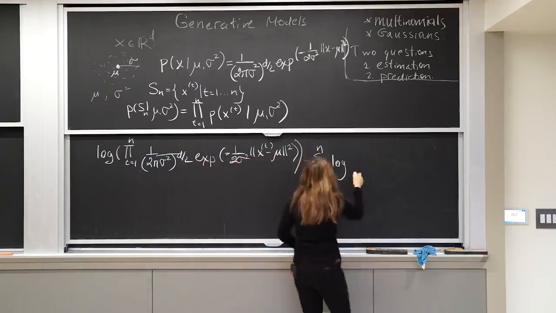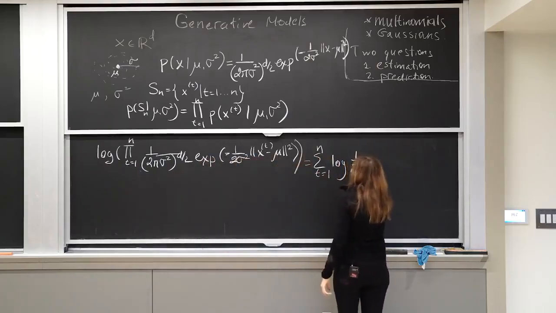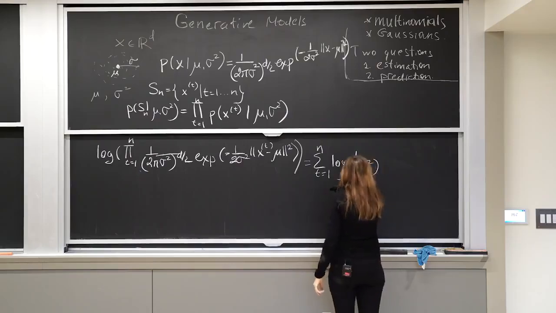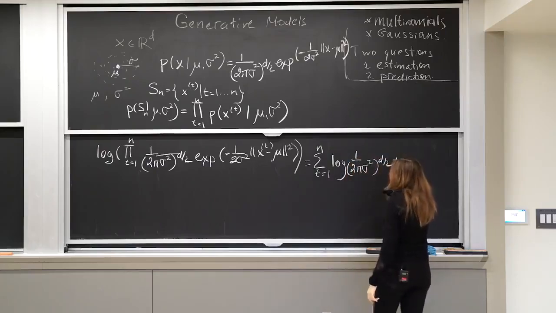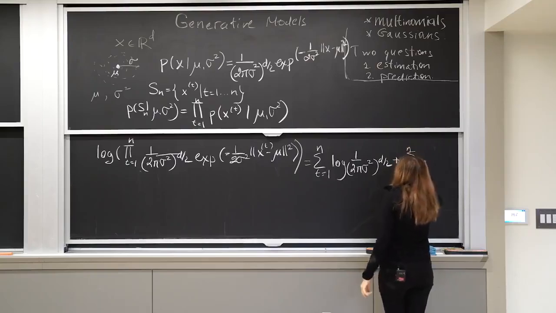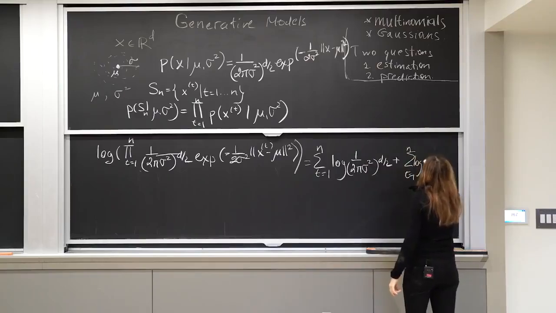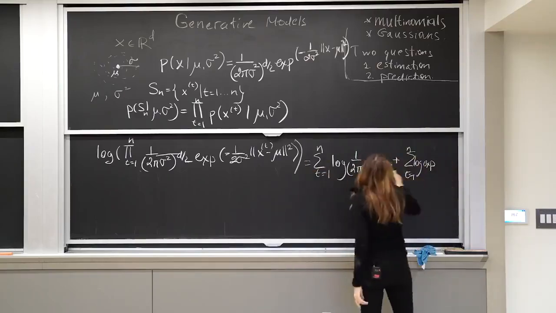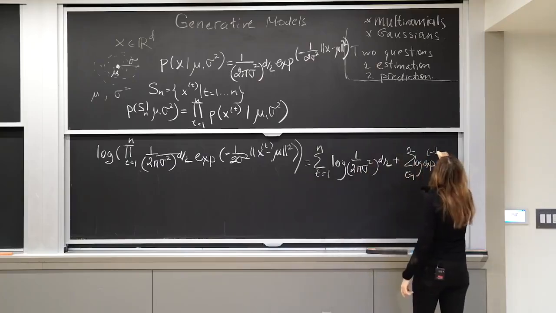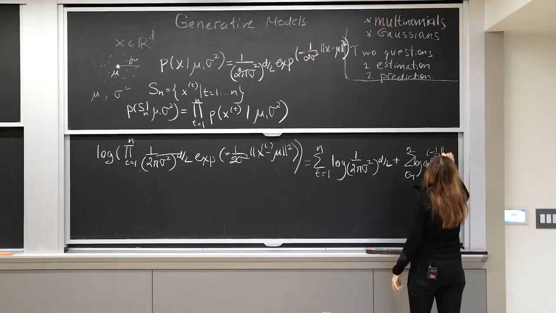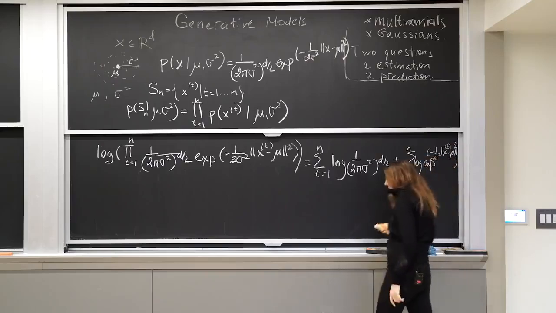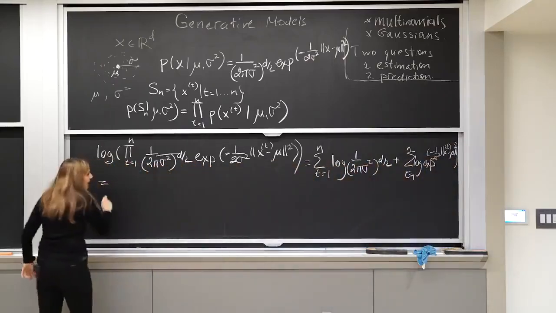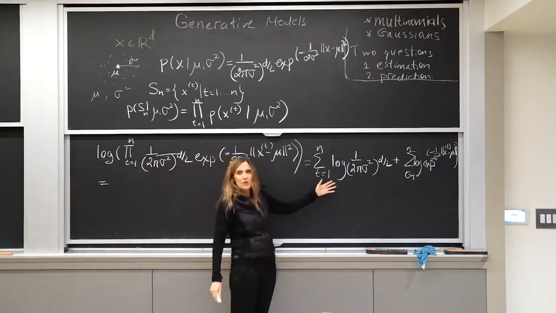So the log of the first part, plus the sum of 1 log exponent of this whole expression, minus 1 over 2 sigma squared, xt minus mu squared. Okay, so now we can actually do some log computations.